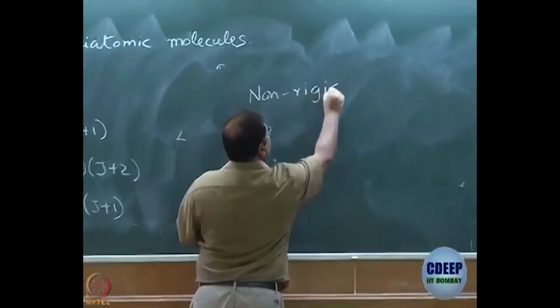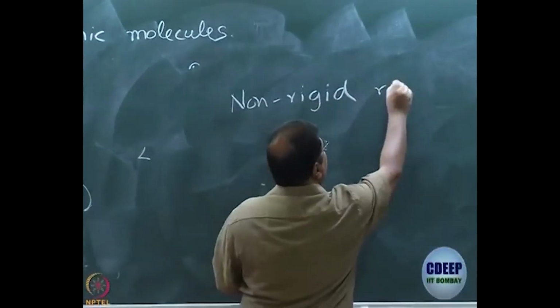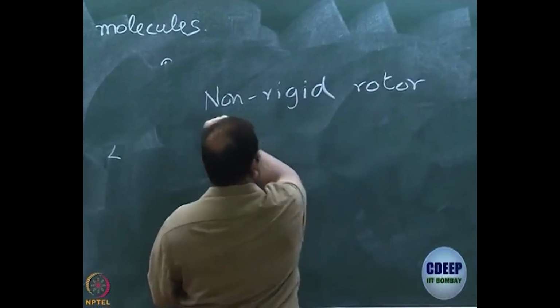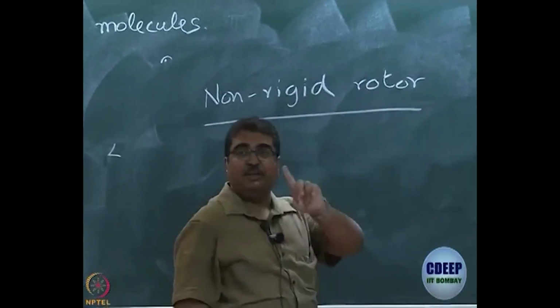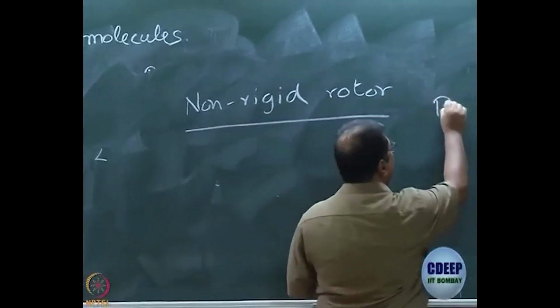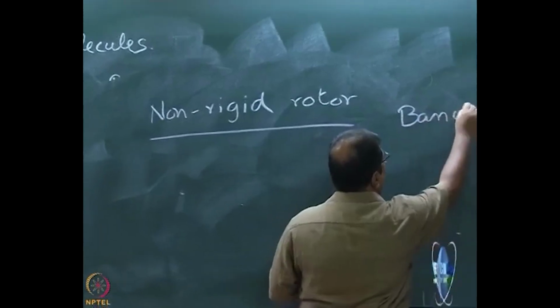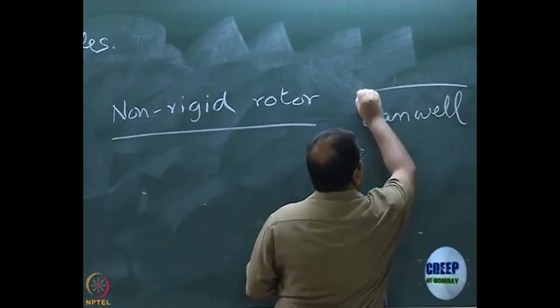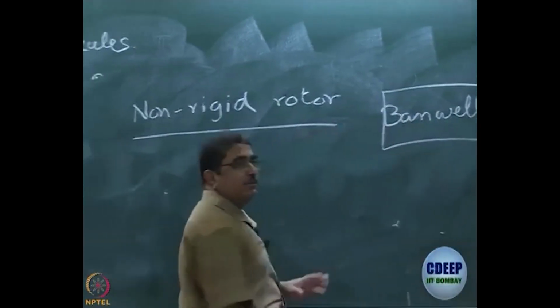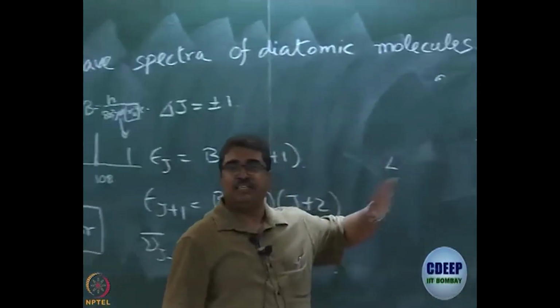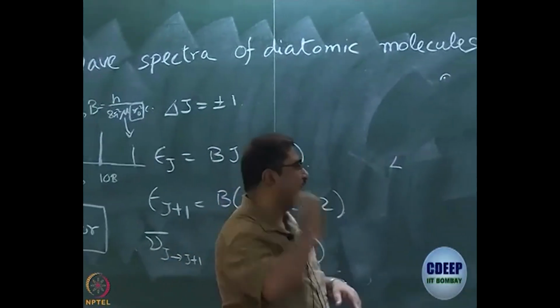This is something that I will ask you to study by yourself from Banwell's book. We will not do the entire quantum mechanical treatment. You only need the results, that is something you can understand if you just read Banwell's book.